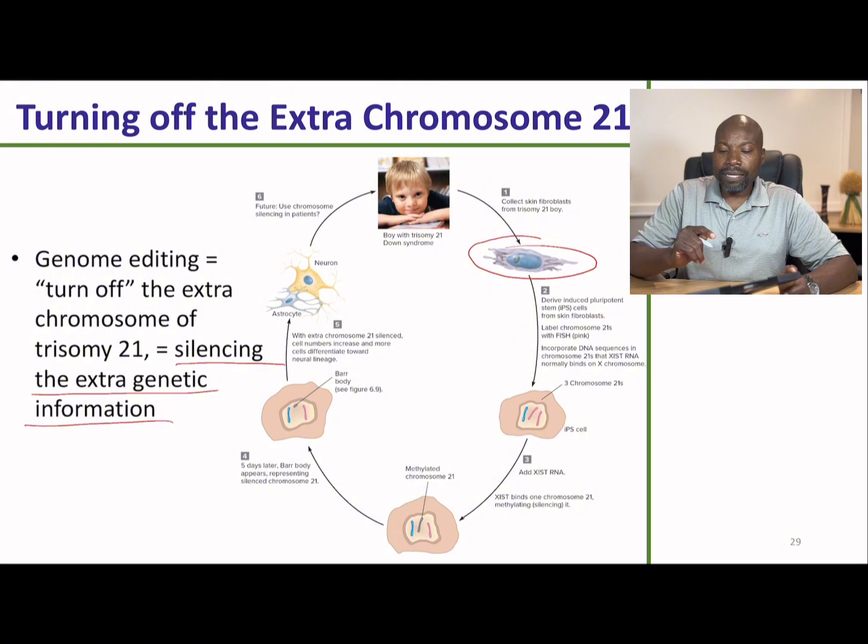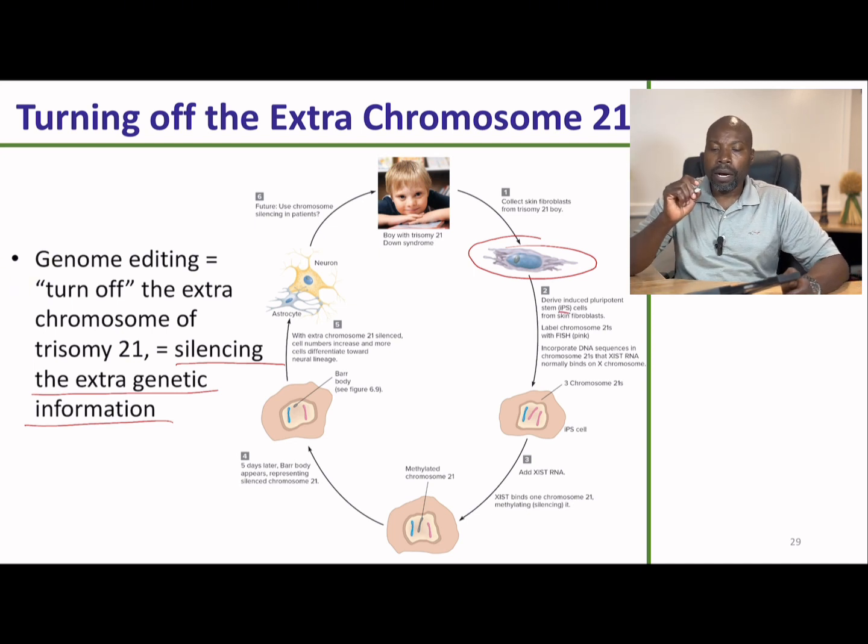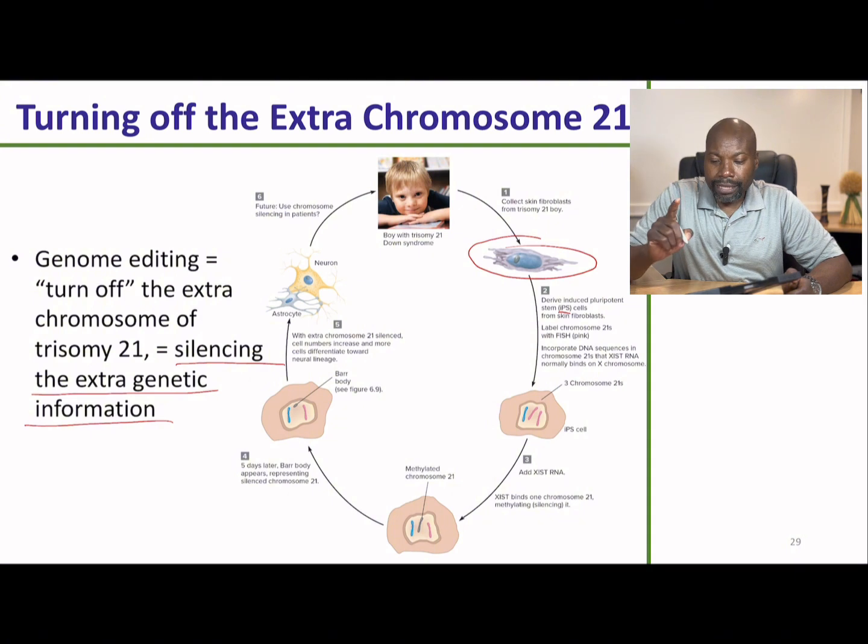So these fibroblast cells are going to be modified. I don't know if you remember the iPS technology, the induced pluripotent stem cell. These cells are modified, right? They are modified to become stem cells, the fibroblasts.